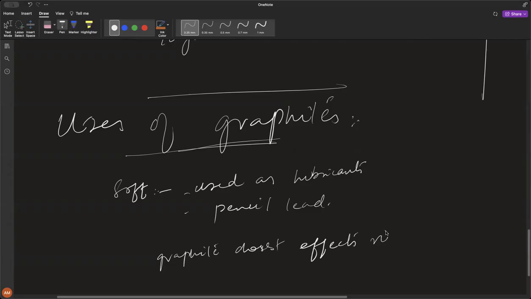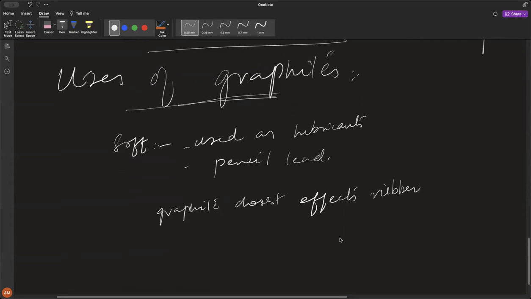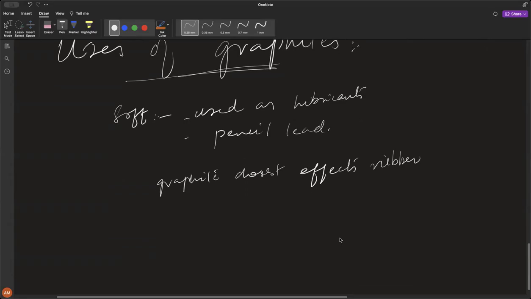So it is a good lubricant that can be used instead of oil, because oil damages rubber, it makes it hard and it cracks. You get it? So it is a good lubricant for machine parts, for places where there's a lot of friction.